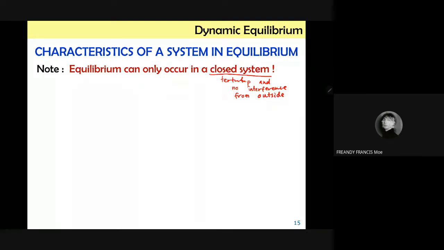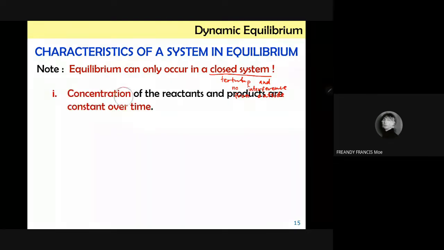Okay, alright. So, concentration of the reactants and products are constant over time. So, ciri-ciri yang kamu kena hafal ni, ciri-ciri of system in equilibrium, concentration of reactants and products are constant over time. Dia tidak berubah selepas dia dah capai equilibrium. Selepas dah capai, concentration doesn't change.